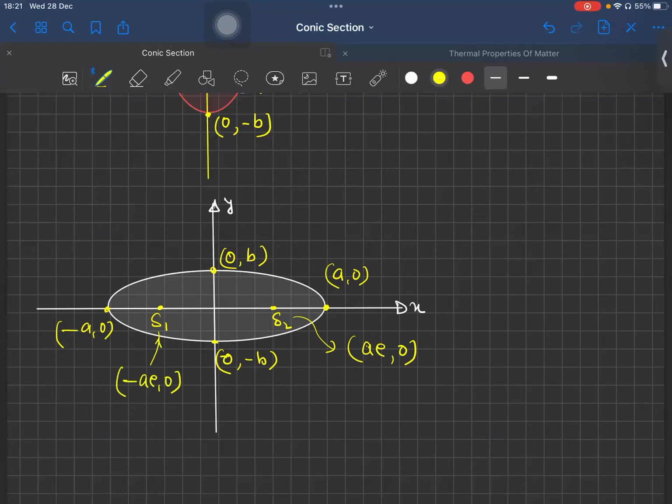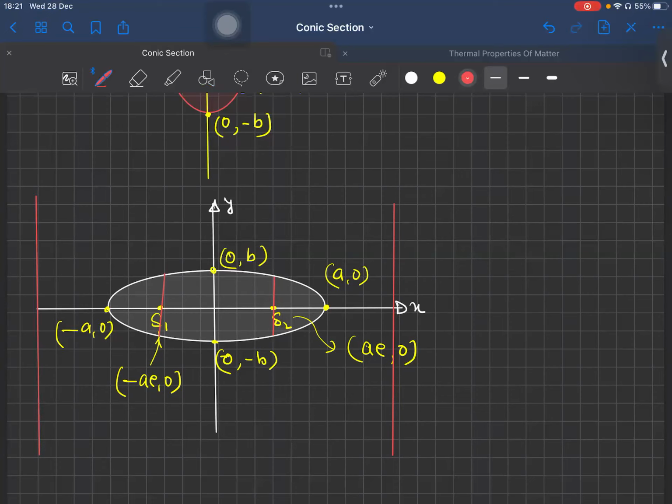Got it? Now this latus rectum here is this one. These are the two latus rectum, here and here. These are the directrix. This and this will be the directrix.